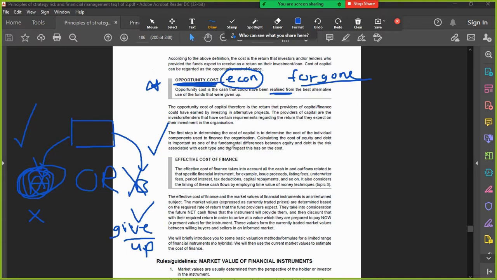But that's normally part of a longer question. I don't know if that'll come up a lot in this particular module. We'll have to look at more recent past papers, but it has come up in the past and in other modules as well.